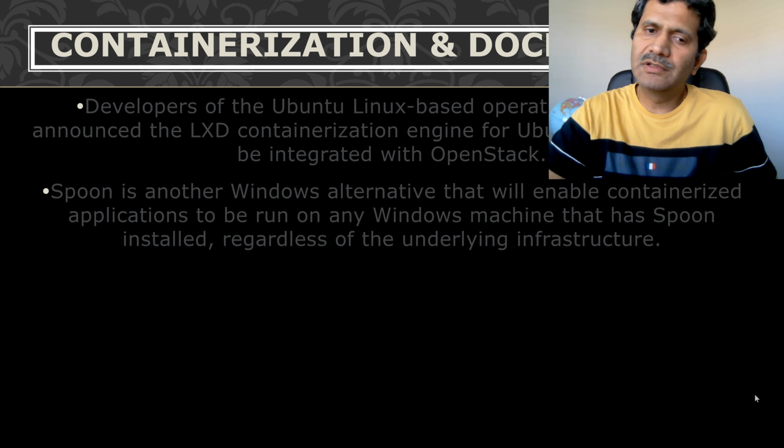Spoon is another Windows orchestration alternative for Docker. For Docker, it may not work for many of the Windows-based containers. It has a limited edition of Windows containers, and right now a lot of support for Windows containers is being ramped up by the Microsoft guys.